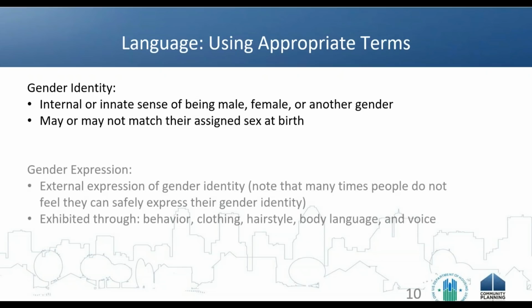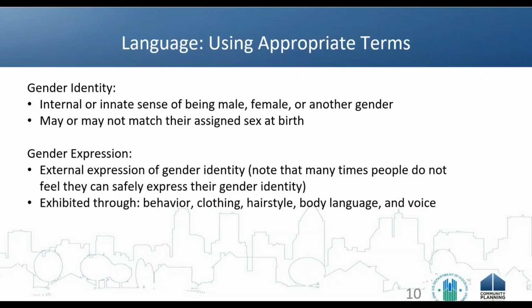Separate and apart from that internal sense is how we choose to express our gender. And this is where a lot of things around stereotyping come into play, particularly with this rule and other elements of non-discrimination requirements.